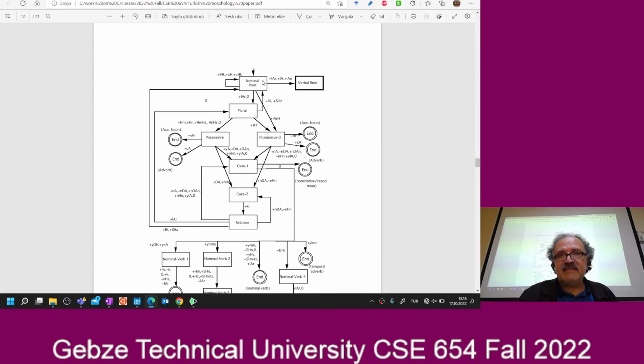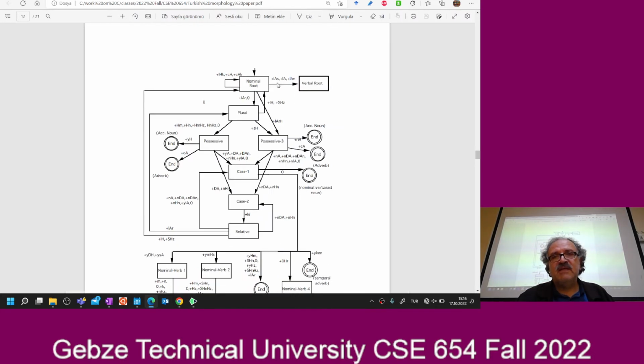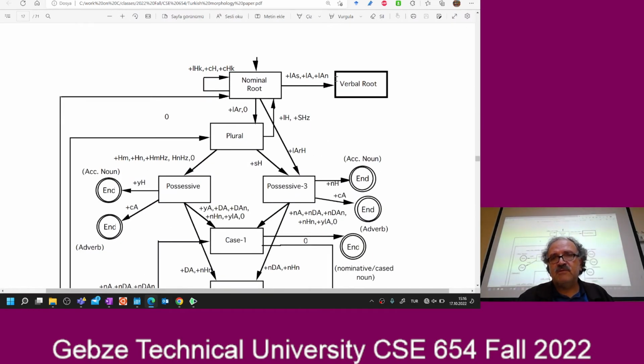there is a start state, and these are the transitions, and these are the inputs. And these are the final states, acceptable. To come from a nominal root, a noun root, to plural, then to possessive, then with just this suffix, I end it.